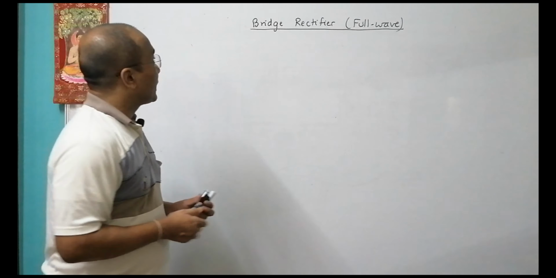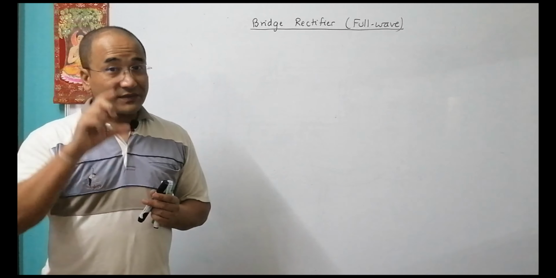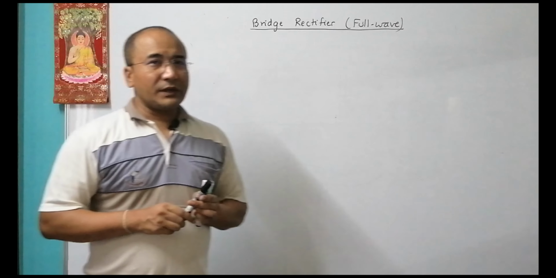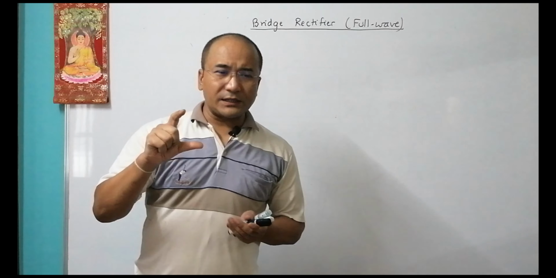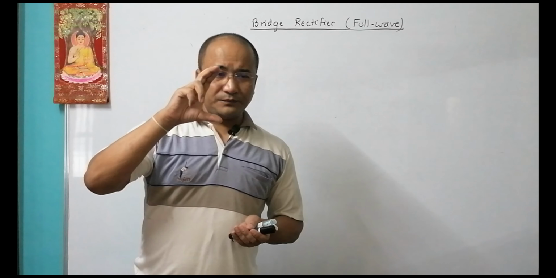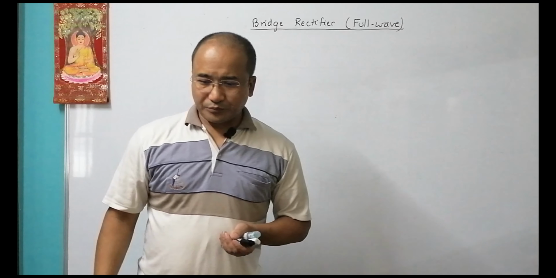A bridge rectifier is an improvement over the center tapped rectifier. Actually, the center tap rectifier has got two diodes, but because of center tapping, the voltage produced is half of the secondary voltage that the transformer produces.